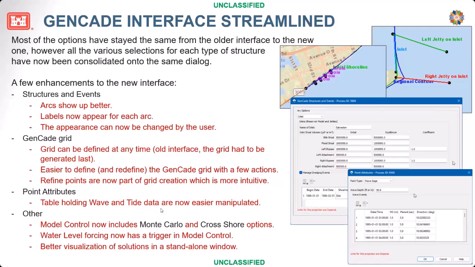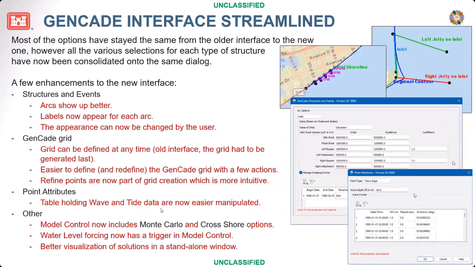Those options are now available in the new interface, and they have a place in the model control. All of these use, you'll have to update your GenCade version to 2.0, which is included with the new SMS, if you want to use this newer interface.